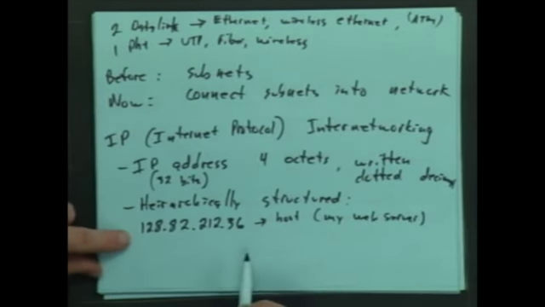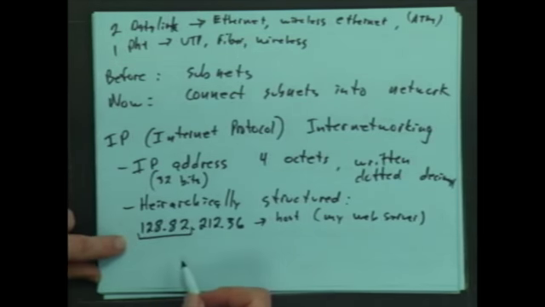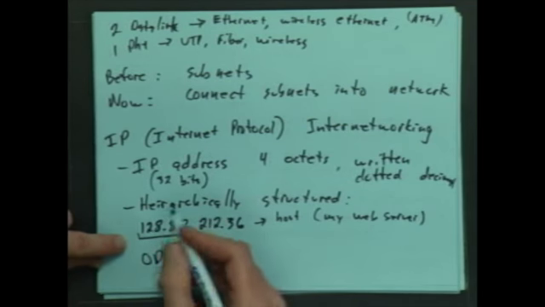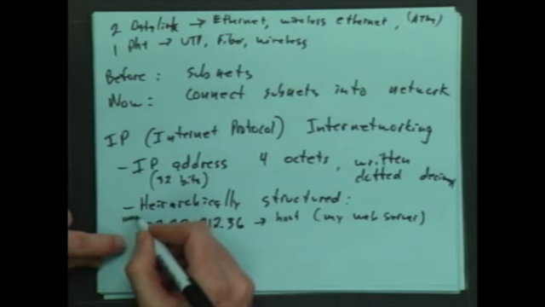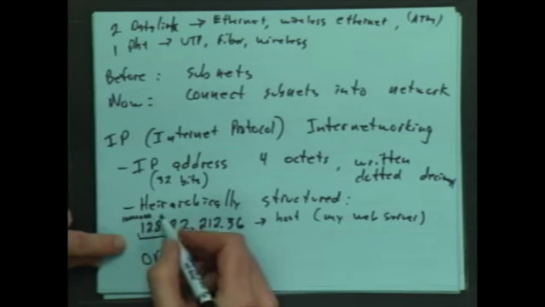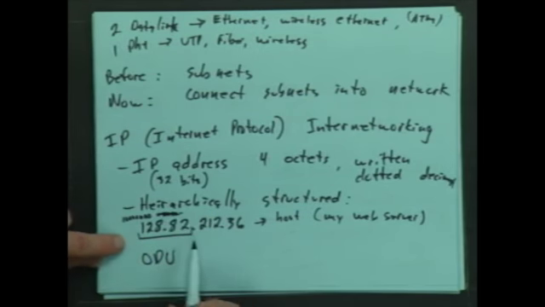But this is hierarchically structured. So what that means is these first 2 octets indicate that this is at ODU. Okay? So the 128.82, which is really 32 bits, we're okay with this, right? There's 32 bits in here, right? I mean, we can go 1000000. What's the 82? I don't know. It's a bunch of other stuff. I'm going to scribble it out because I don't want you to look at it and see.